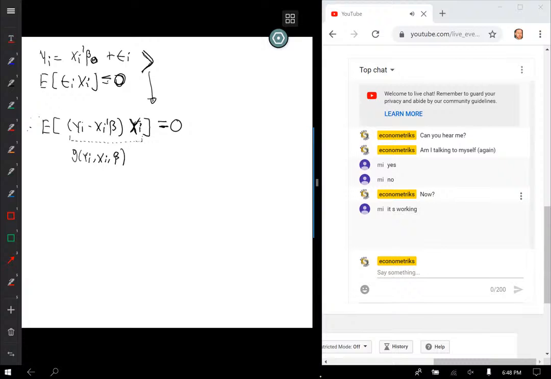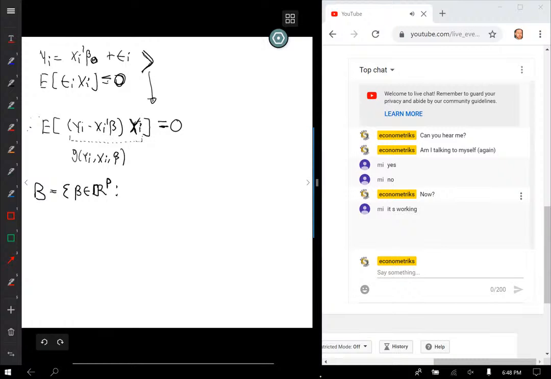We can see then that in this case, let B be the set of all betas belonging to R to the p, so on the pth ordered real line. So it's a p by 1 vector, and each element lies somewhere on the real line, which basically just means anywhere.